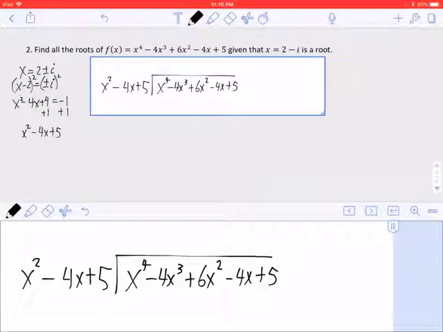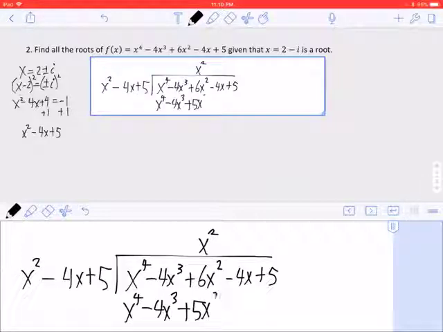So first, x squared goes into x to the 4th, x squared times, and we get x to the fourth minus 4x cubed plus 5x squared. And then we subtract.